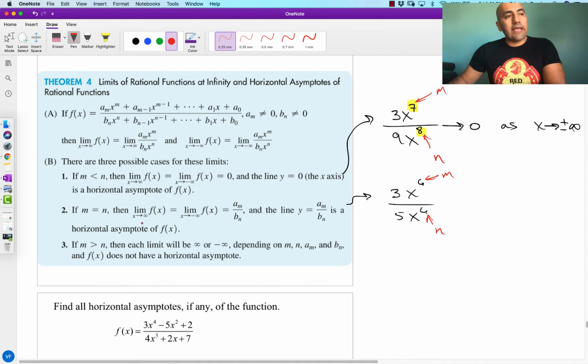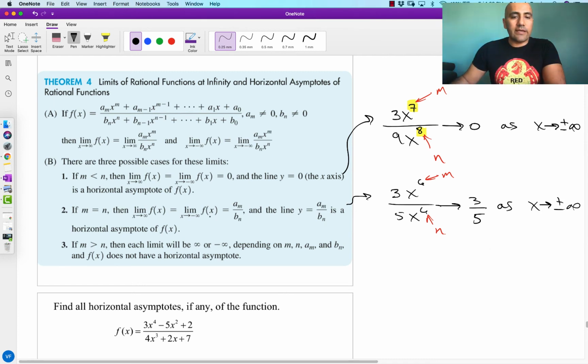Then the limit as x grows toward positive or negative infinity of our function is going to be equal to the ratio of the two coefficients in front. So in this little example, because they have the same powers, this will grow toward 3/5 as x grows toward positive or negative infinity.